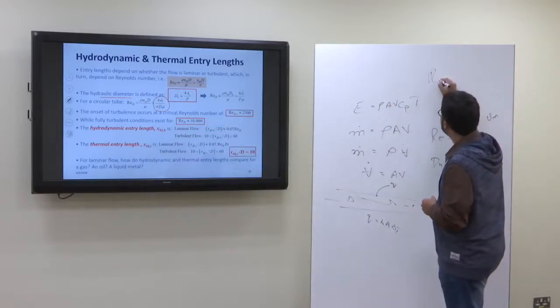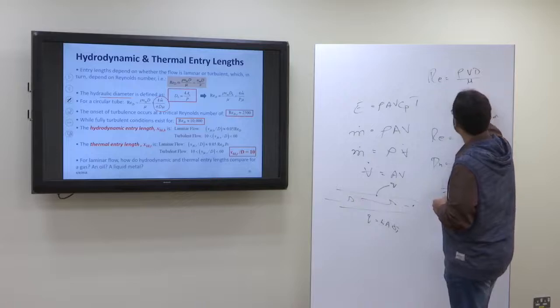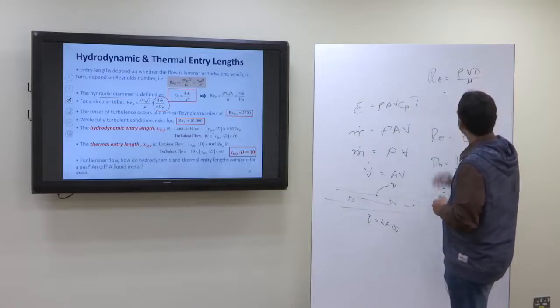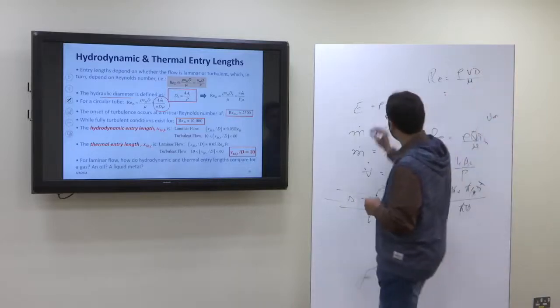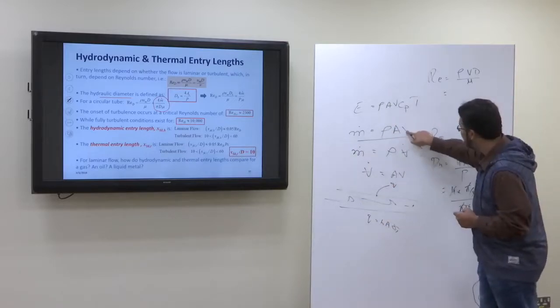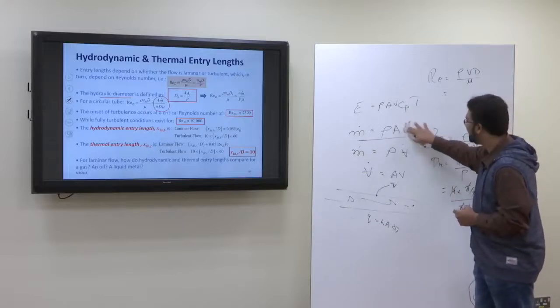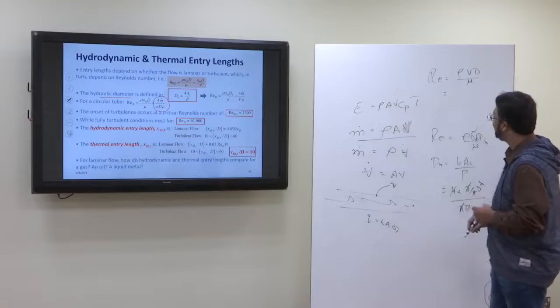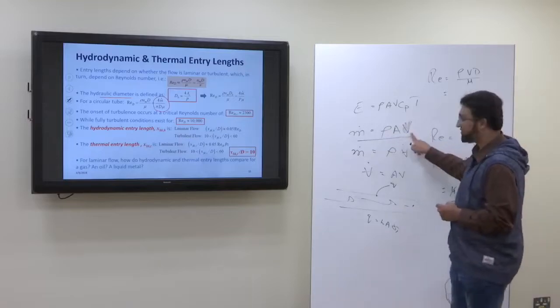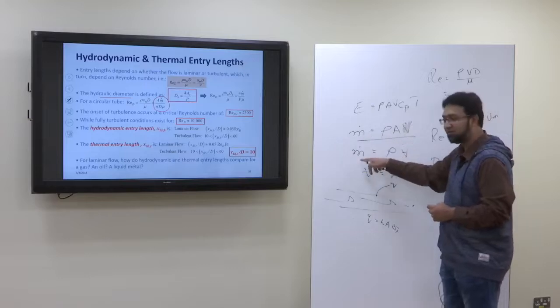Reynolds number is equal to rho v D upon mu, right? So m dot is rho A v. So rho times v is m dot upon A, right?